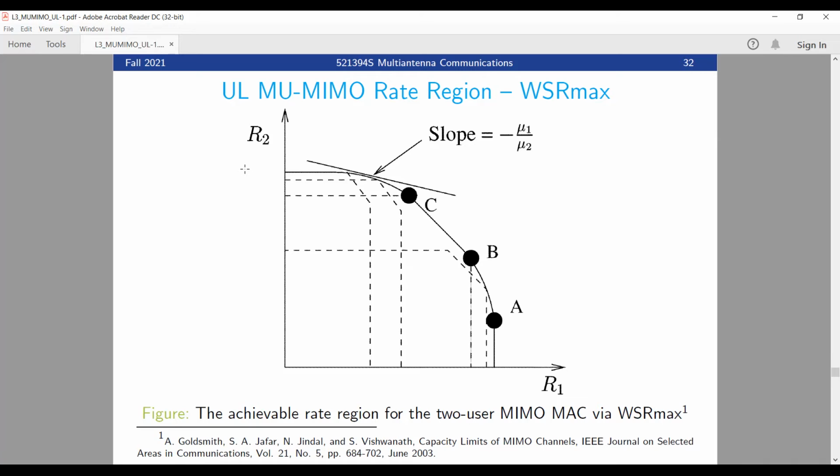This would be the convex hull. Right. And then the union of convex hulls is just connecting all these outermost points. And then you get the full feasible rate region.